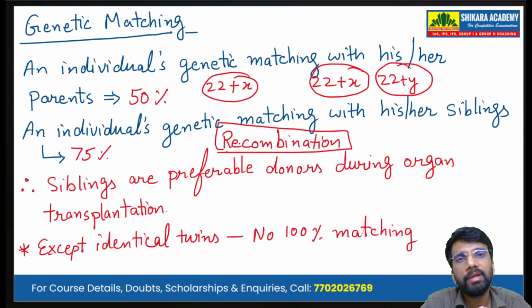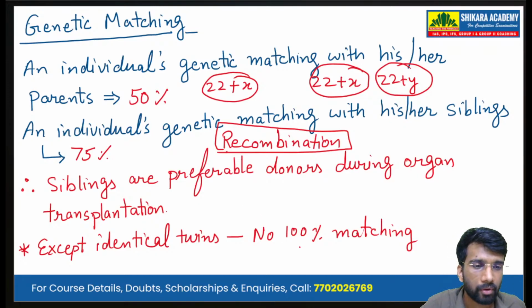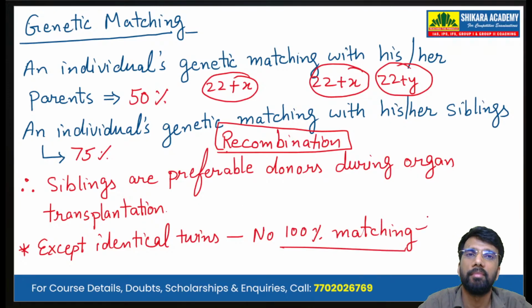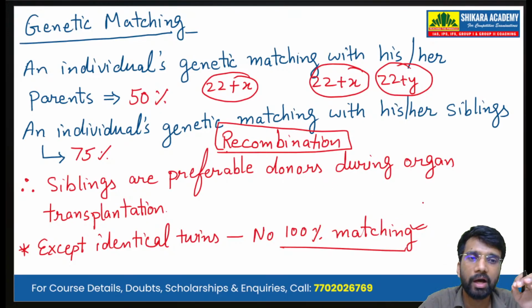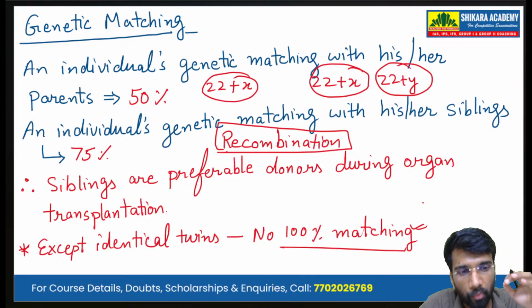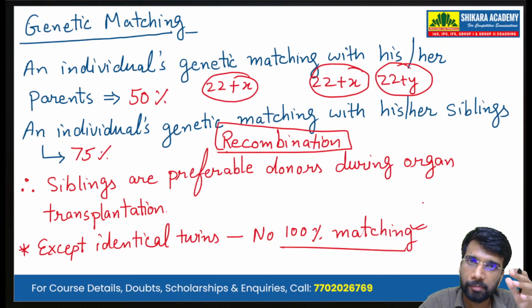The best donor will be the identical twin, if that person has one, because they have the same, 100% genetic match. So genetic matching is 100% in the case of identical twins, and they are the most preferred donors during organ transplantation.